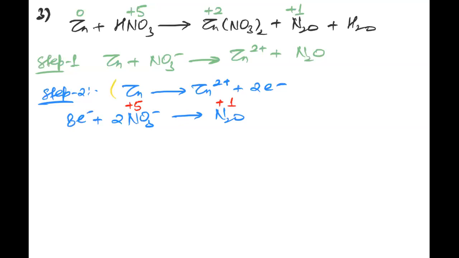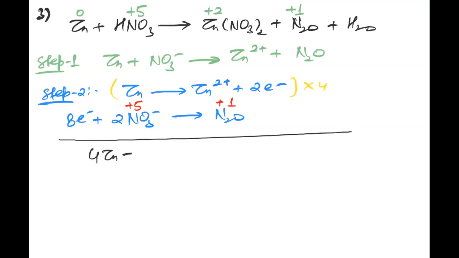In this case, this needs to be multiplied by 4. And the overall reaction should be 4 zinc plus 2 nitrate ion converting to 4 Zn2+ and N2O.